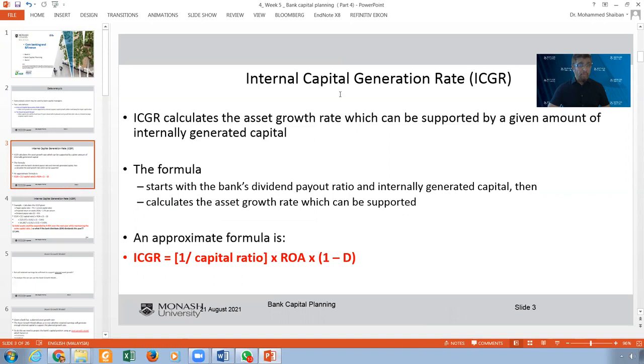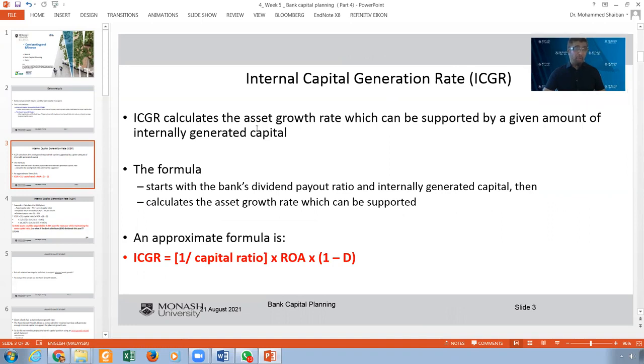The ICGR calculates the asset growth rate which can be supported by a given amount of internally generated capital. As you can see, this model is very, very passive. Bank management do nothing. They just look at how much capital is there, and then they increase the assets.